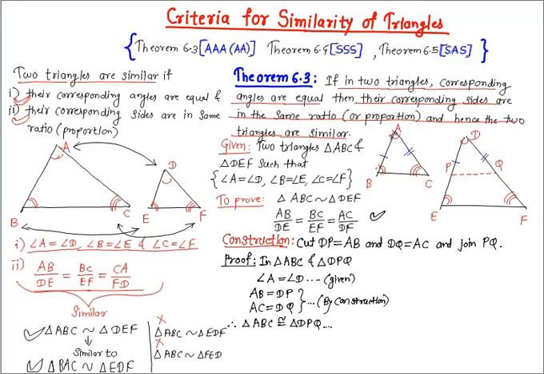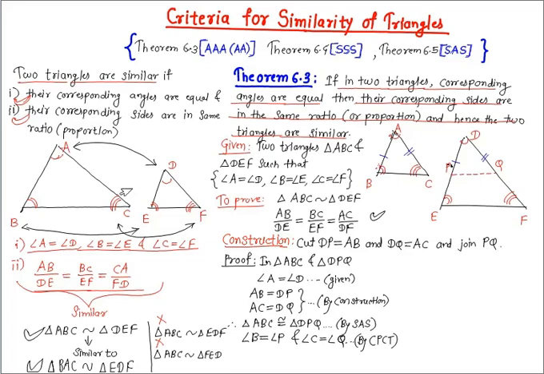This is by side angle side criteria. Now since triangles ABC and DPQ are congruent, we can use CPCT. So by CPCT, that is corresponding parts of congruent triangles, we can say angle B is equal to angle P and angle C is equal to angle Q.